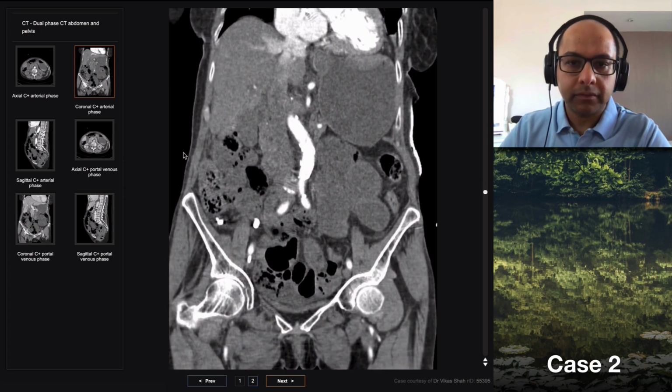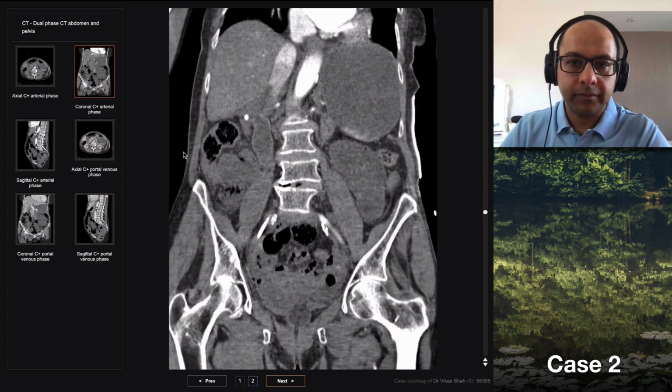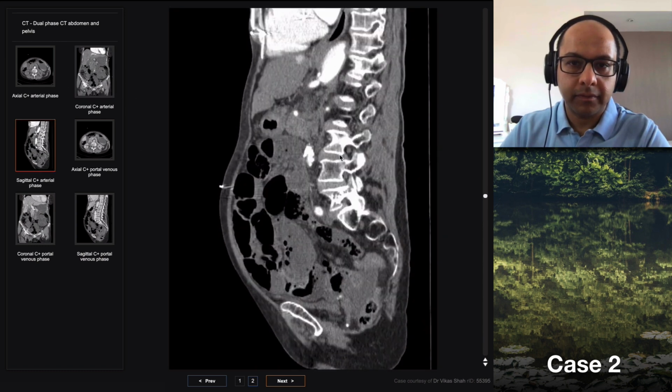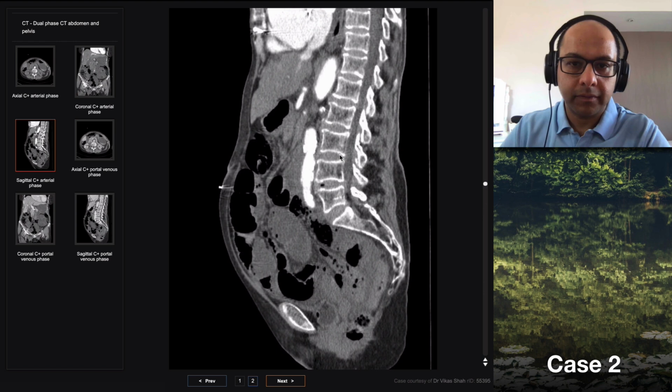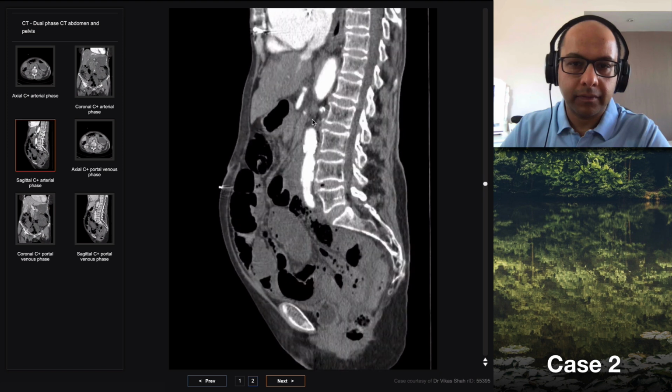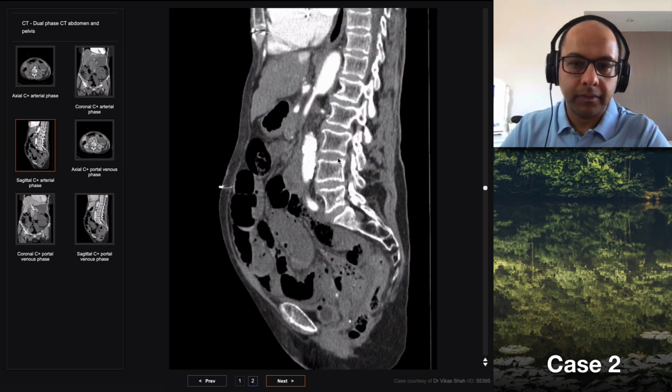So following the vessels down, if I look at the SMA, we can see that it abruptly comes to a stop. Probably clearer on the sagittal view. So if we go to sagittal, you can see it quite clearly. The contrast comes to an abrupt stop halfway down.